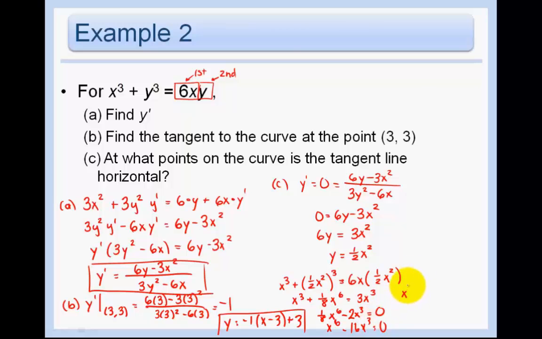Factor out an x cubed. Okay, so we have x cubed equals 0 or x cubed equals 16. In other words, x equals 0 or x equals the cube root of 16.